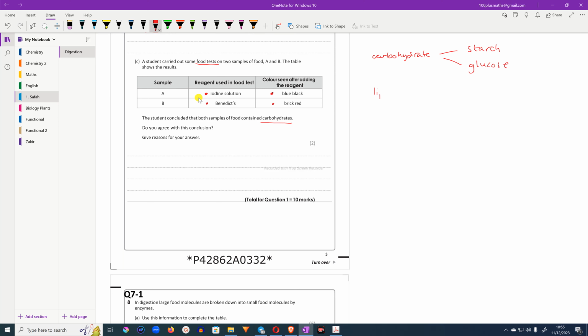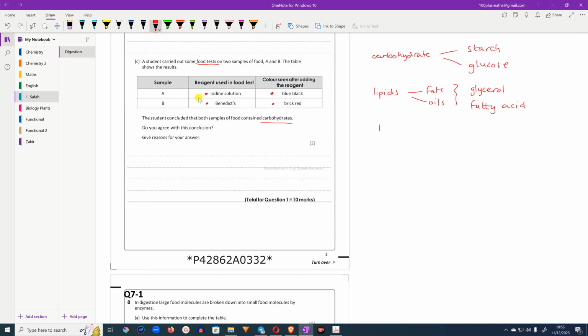You've got lipids, those are fats and oils. Fats are solid at room temperature, oils are liquid at room temperature. And when lipids are broken down, they're broken down into two molecules, glycerol and something called a fatty acid.